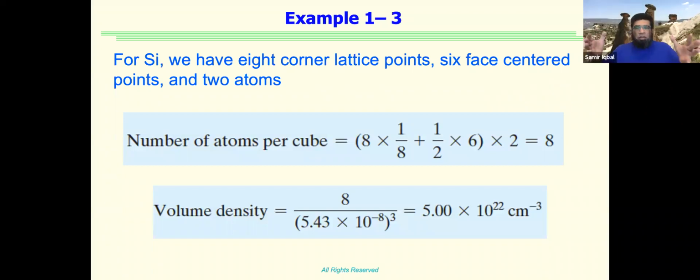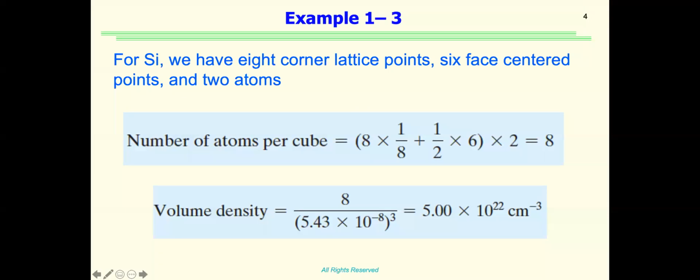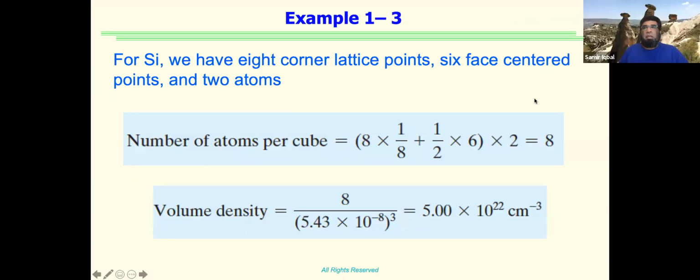Of course, think about it. If you have how many in this volume, there were 8 atoms, right? We are dealing with the same structure, 8 atoms in small box. Now your box is bigger and you have still what, 8 atoms. If you have to find number of atoms divided by volume, volume goes up, density goes down. If the volume goes up, what happens to the density? Goes down because the mass is the same. It should go down, right? So what is this? Number of atoms per unit volume.